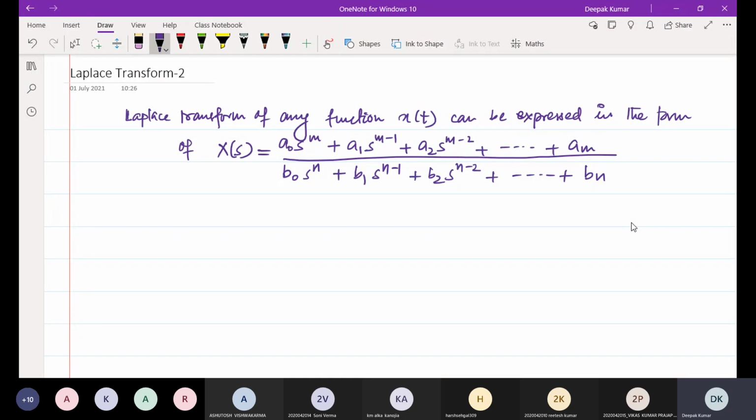So this expression is a rational function. You can see here the numerator polynomial in s and the denominator polynomial.